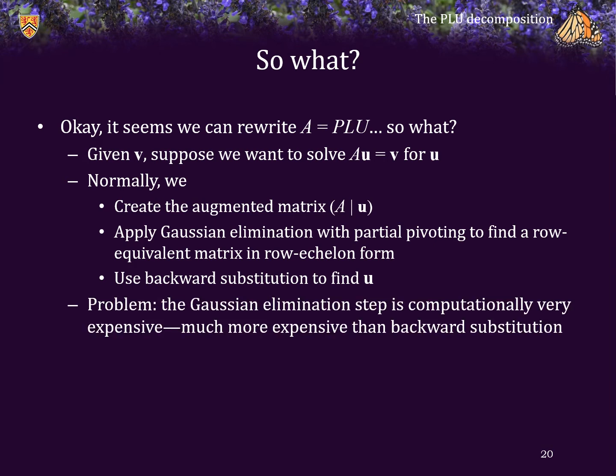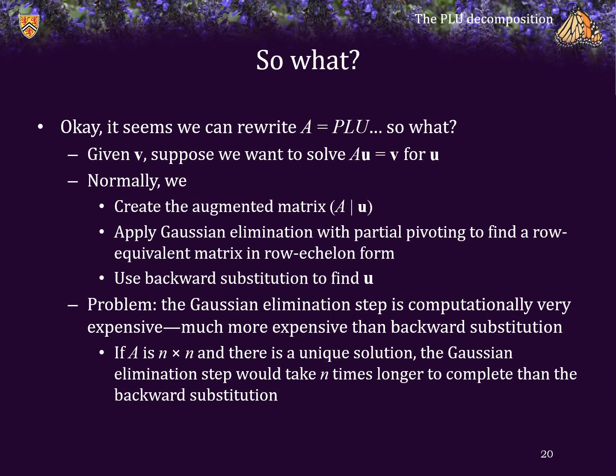Problem. We haven't discussed this in this class that much, but the Gaussian elimination step is computationally very expensive, much more expensive than backward substitution. In fact, if A is an n by n matrix and there is a unique solution, the Gaussian elimination step would take n times longer, approximately on average, to complete than the backward substitution step.